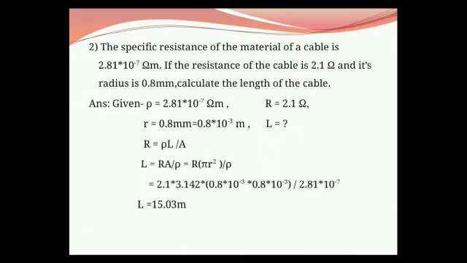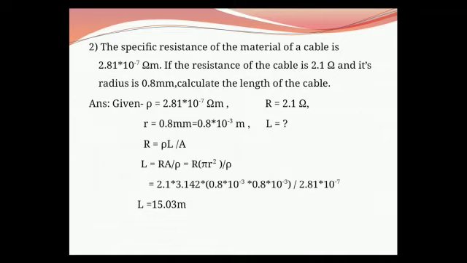Therefore, use the formula of specific resistance. The formula is rho equals RA upon L, and therefore from that we write L equals RA upon rho. Then put the value of resistance, area and specific resistance. Here the value of area is absent, but we know the formula for the area of wire, that is pi r square, and therefore the equation becomes L equals R into pi r square upon rho.